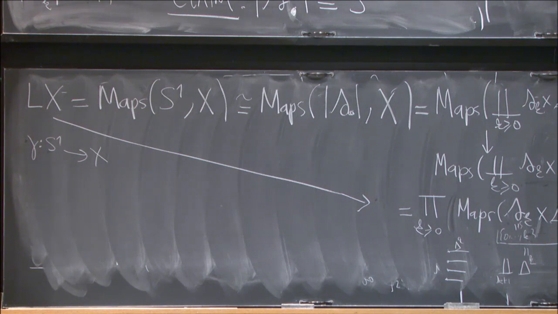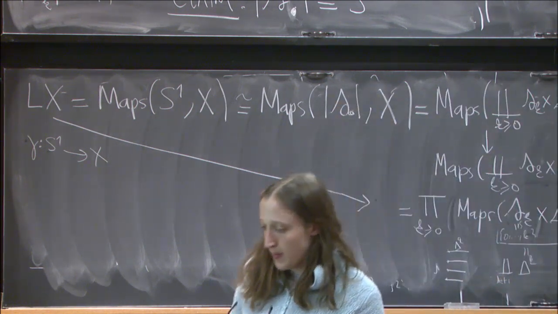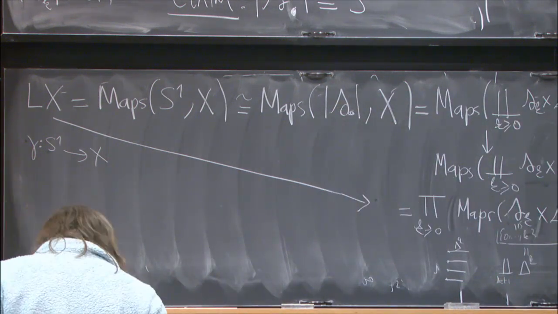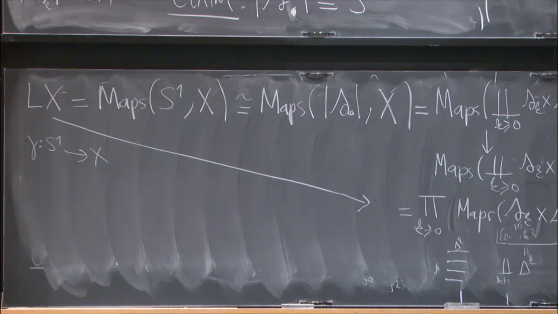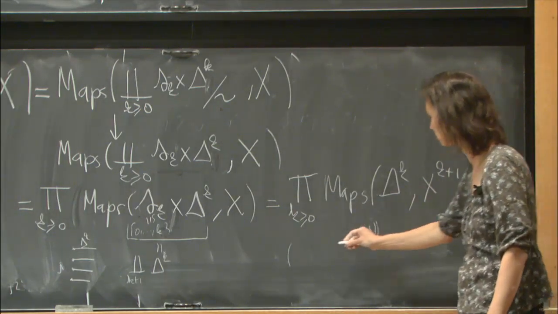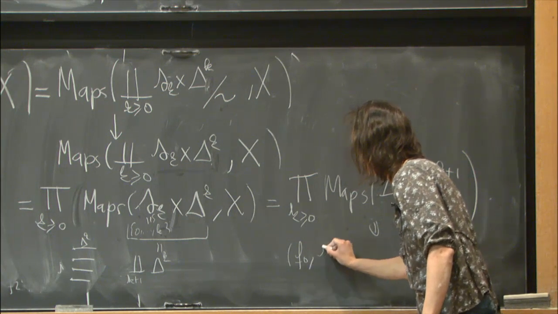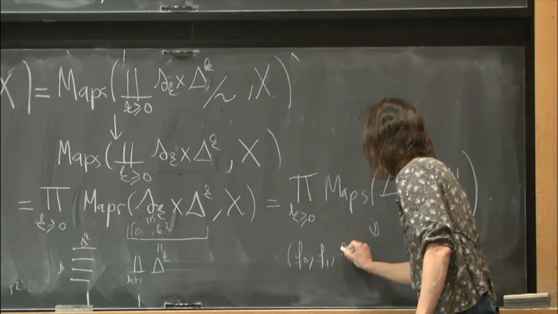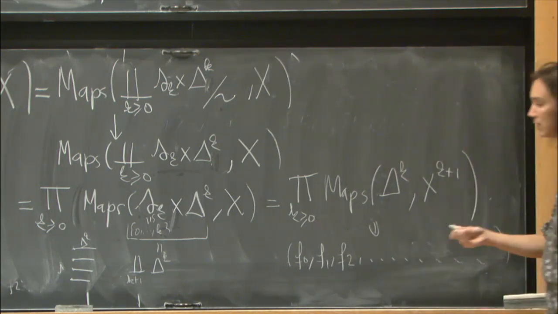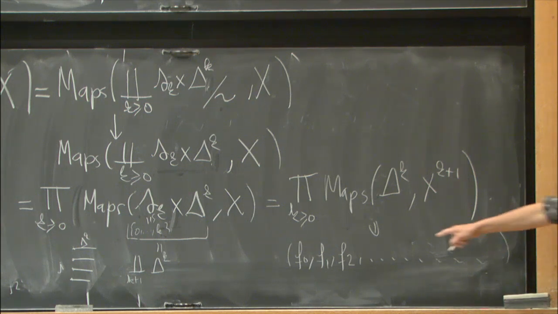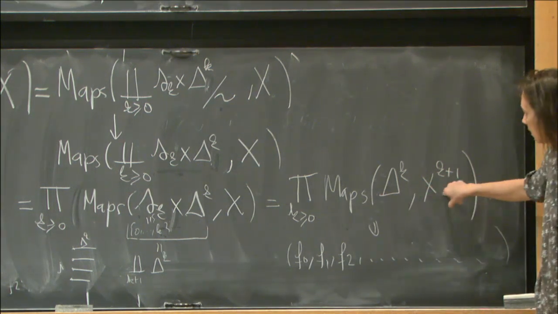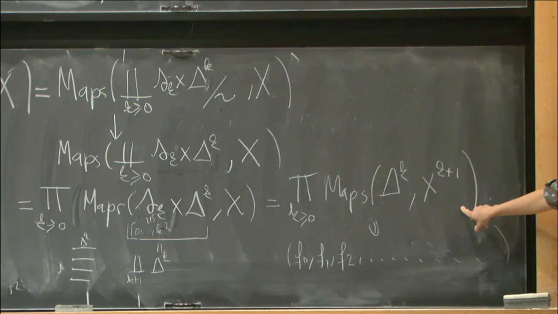What is this? This is a product. So for every k, I have to give you an element like this: F0, F1, F2, to infinity, and Fk is an element here. It's a map from delta k to X to the k plus 1.